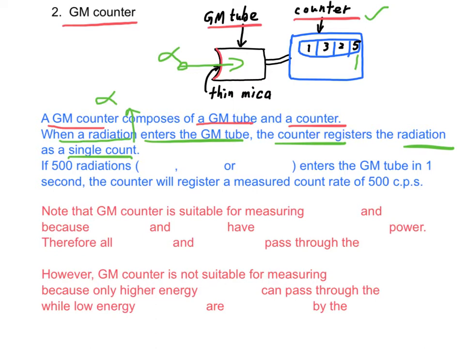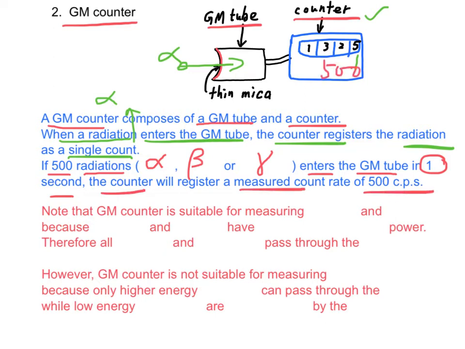Therefore, if there are 500 radiations, such as 500 alpha particles or 500 beta particles or 500 gamma rays, entering the GM tube in 1 second, the counter will register a measured count rate of 500 per second. That means 500 counts per second.